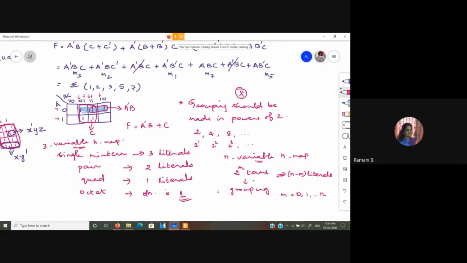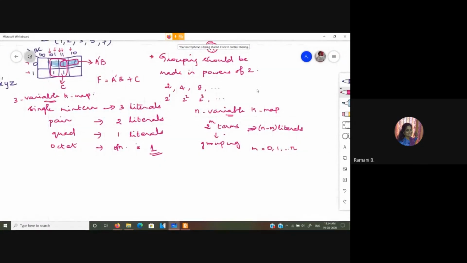So for example, we have seen this for the 3 variable K-map, and let us just say how it will be for the 4 variable K-map. We shall see that tomorrow. So with the 4 variable K-map, if I am going to have 2 power 0 terms in the grouping, this is my n and this is my m. Okay? So I will be having 4 minus 0, so I will have 4 literals in the term.